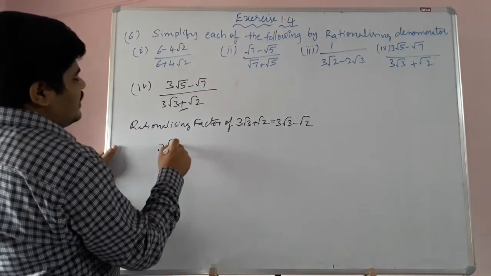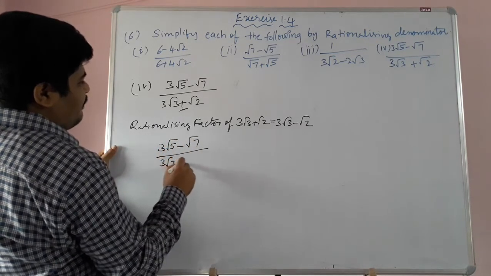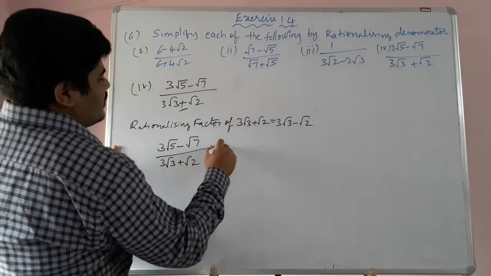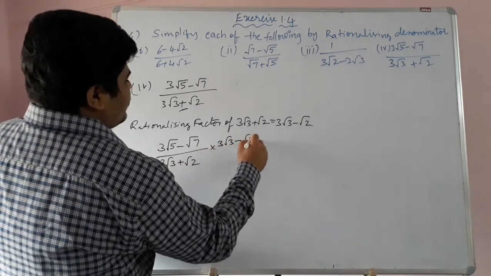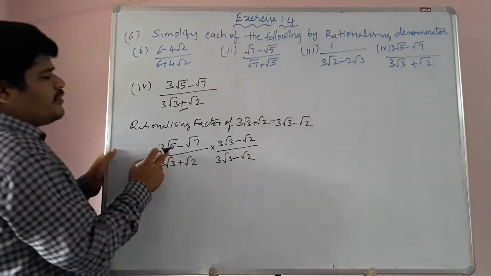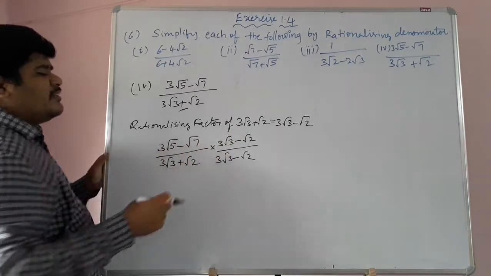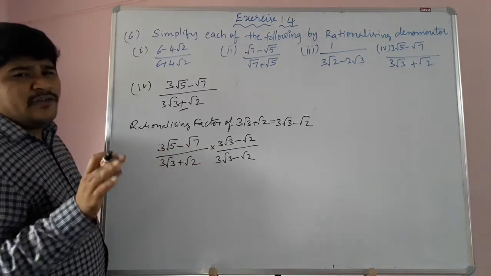Okay, so (3 root 5 minus root 7) by (3 root 3 plus root 2) into (3 root 3 minus root 2) by (3 root 3 minus root 2). So students, here in the numerator, nothing is the same in these two binomials, so it's not in the form of a minus b into a minus b.